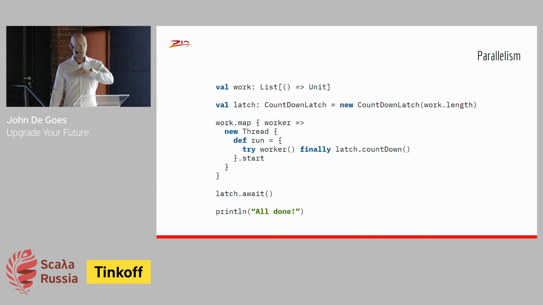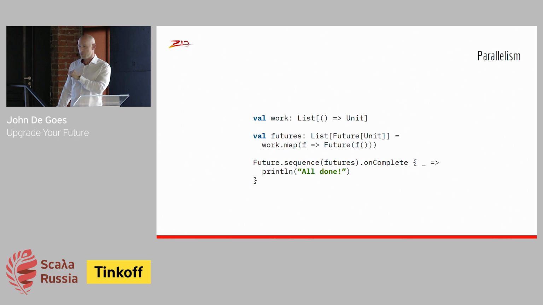You've probably written code like that. That's not very pretty, but if you switch this over to using Future, you can actually do a bunch of things in parallel just by mapping over a list and sending everything in the list to the Future apply constructor where you evaluate it. And that cleans up tremendously on the low-level, boilerplatey mess that you used to have to do back in the days of Java concurrency.